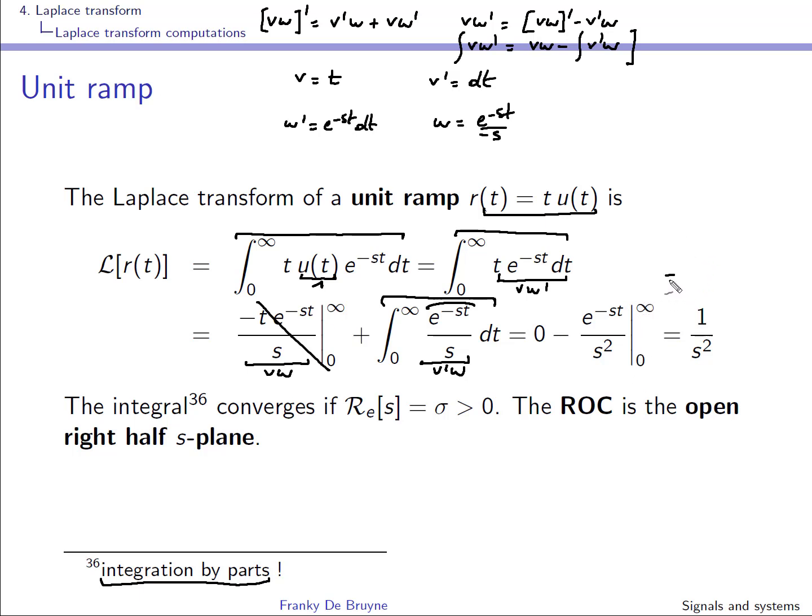So this will be 0 minus 1 over s squared. So indeed the Laplace transform of a unit ramp is 1 over s squared. We have to obtain the region of convergence, so we have to consider the sigmas for which this integral will converge.